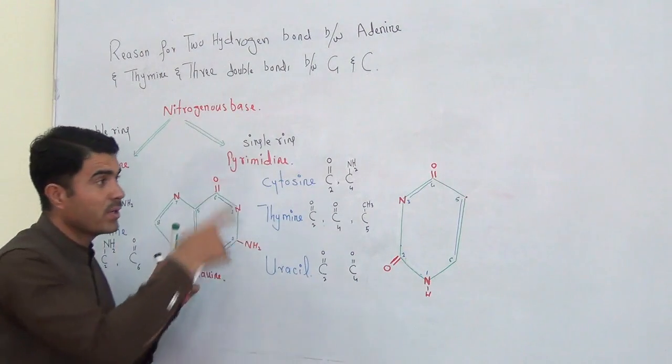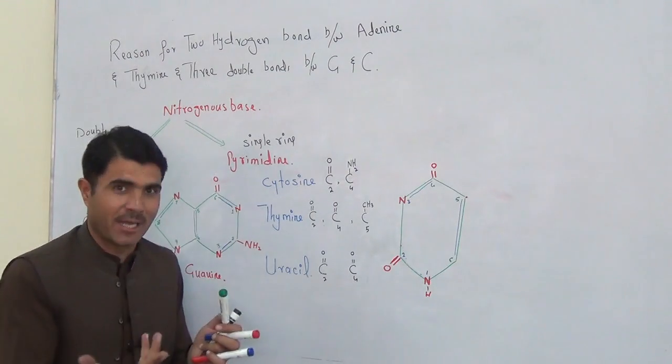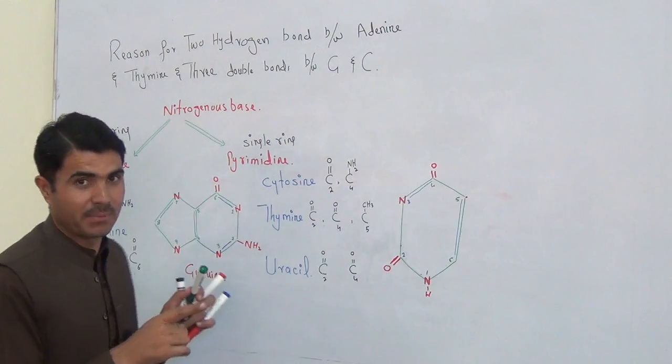Purine is bound with pyrimidine. I should not say usually, but all the time, purine is linked with pyrimidine.